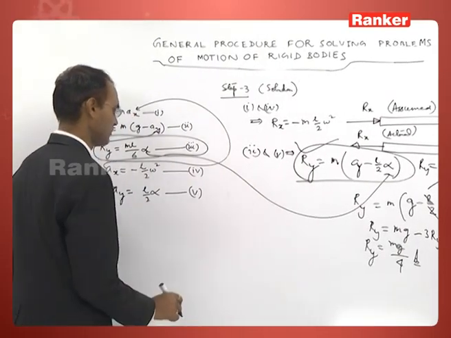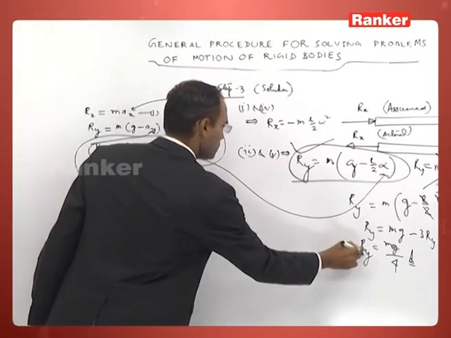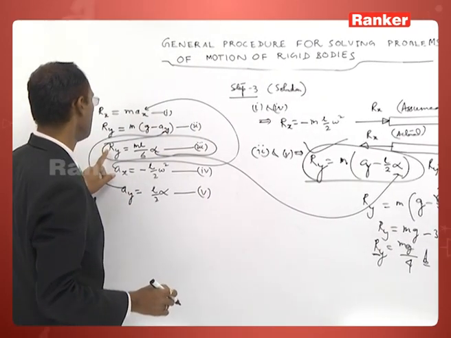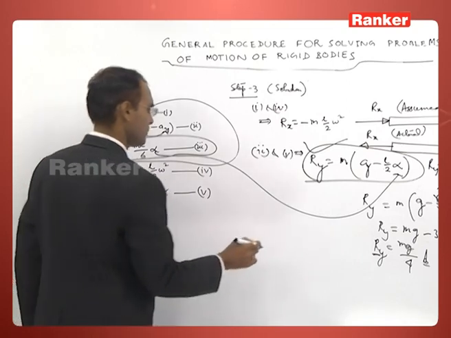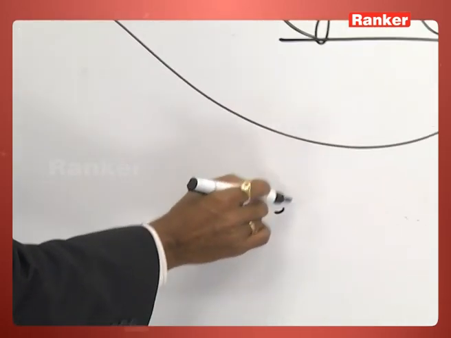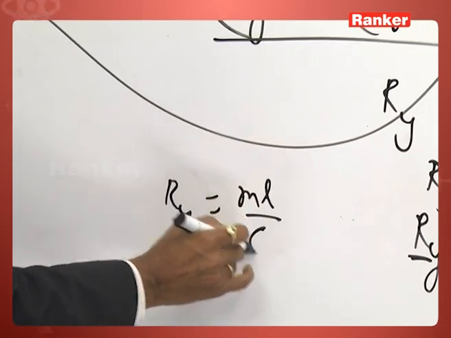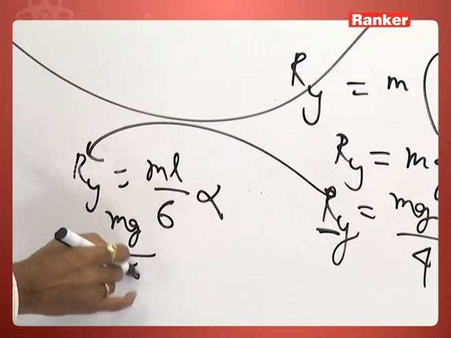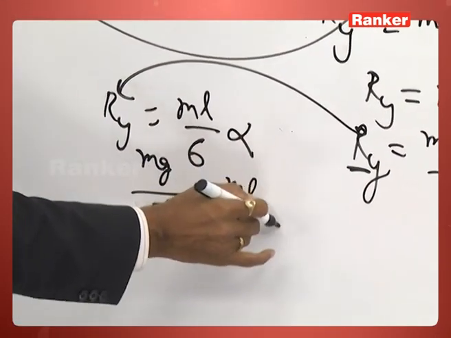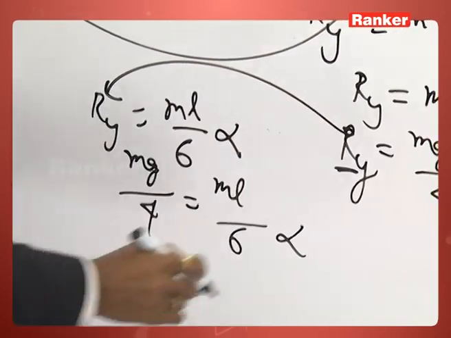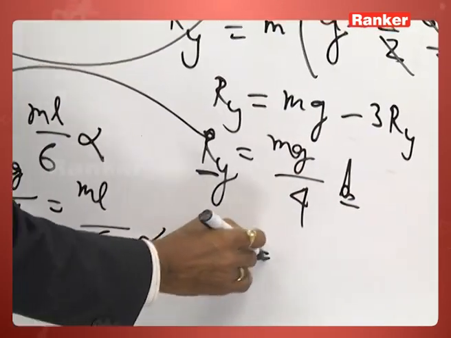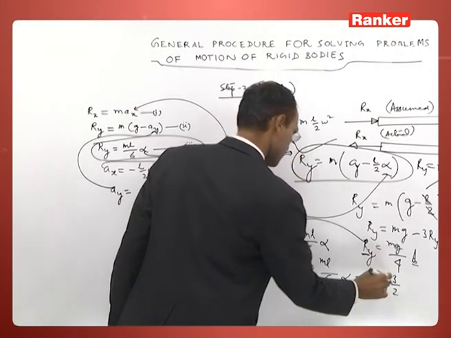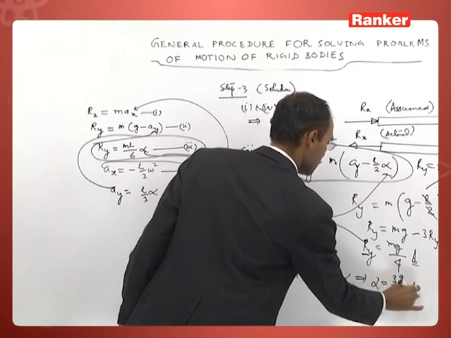Well, when you substitute the value of Ry in equation number 3, Ry is equal to ml by 6 into alpha. We substitute the value of Ry here, that is mg by 4 is equal to ml by 6 into alpha, and here we are getting alpha is equal to 3 by 2 g upon L, answer.